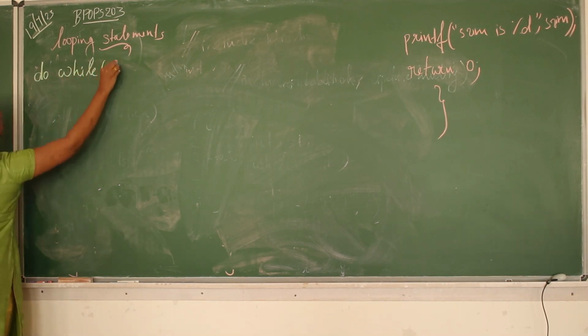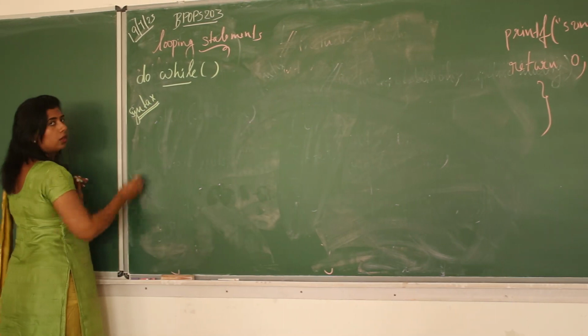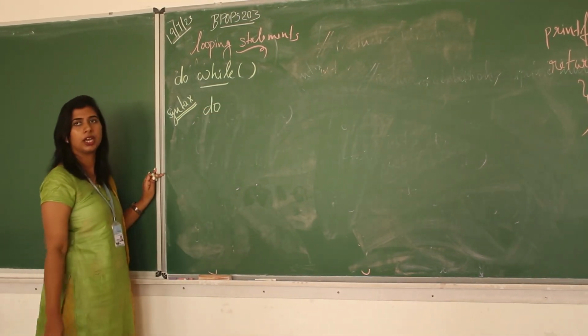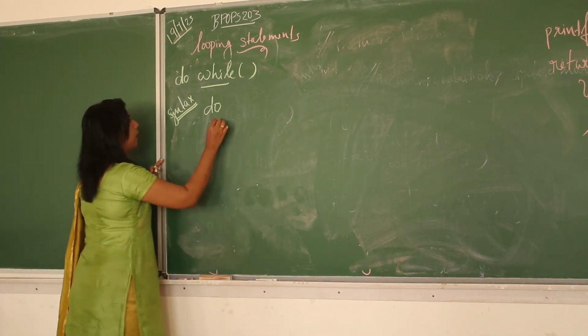Third one is do while. Syntax for do while. You have to learn all this syntax, then only you will get the correct output. Even though if you know the logic, if you don't know the syntax, you won't get the correct output for the program.